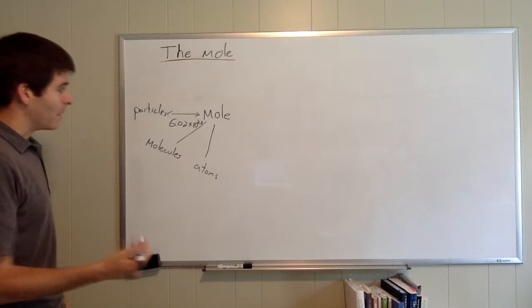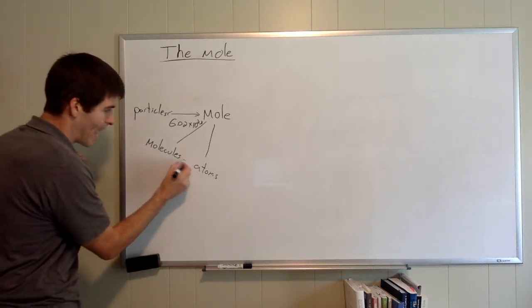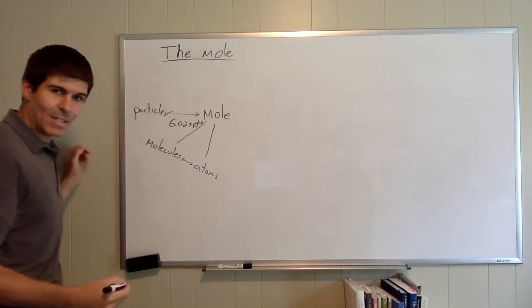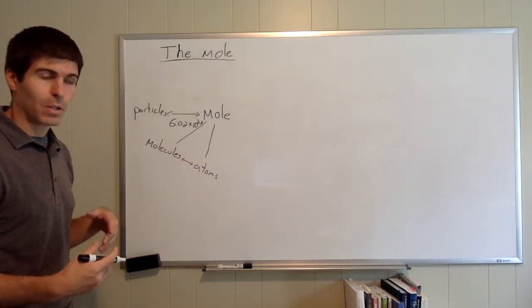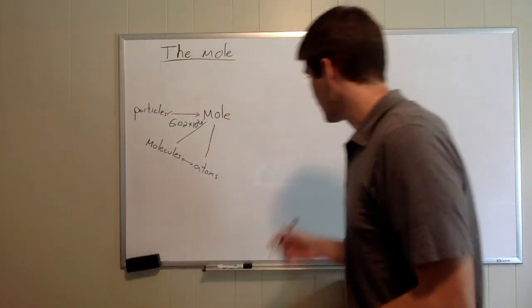Okay, so one of the other things though that gets really tricky is we can actually convert between atoms and molecules as well, and that's just a numerical conversion between how many there are. So let me give you an example of that one.